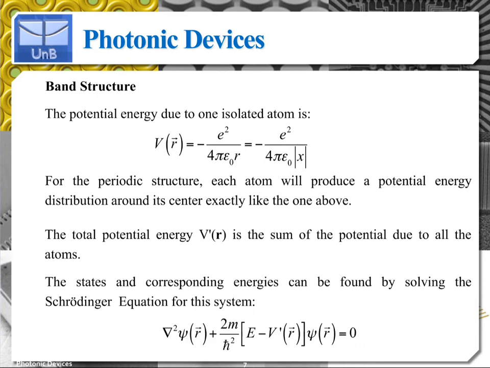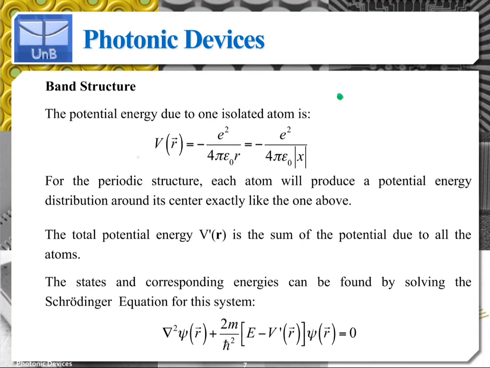So let's take first just one isolated atom, and let's consider the potential energy due to the nucleus of this atom as seen by an electron at a distance r away from this atom. The potential energy associated with the electron is going to be given by this.